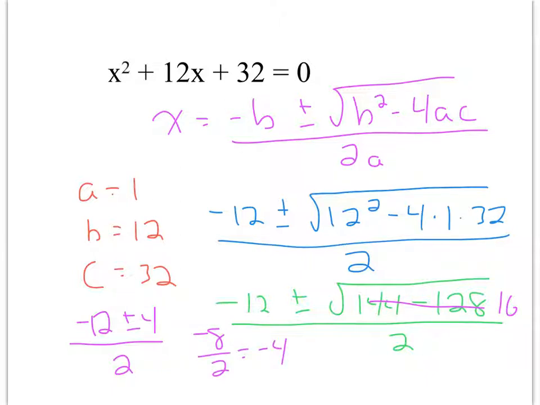Or I have negative 12 minus 4, which is negative 16 over 2, which is negative 8. So cutting to the chase here, x equals negative 4 or negative 8.